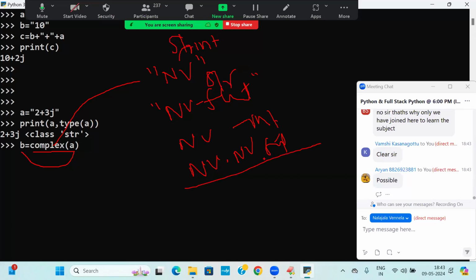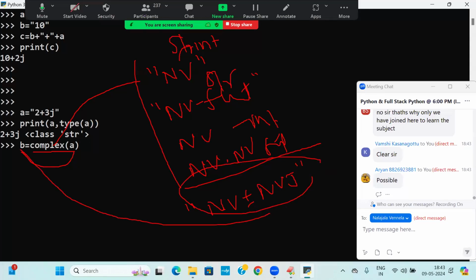Another kind of thing is, this is normal. You have seen it already. And one more thing: you can also see a numerical value with a plus or minus symbol, and a numerical value with a special symbol j can also be converted into complex type.